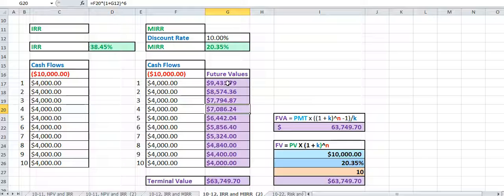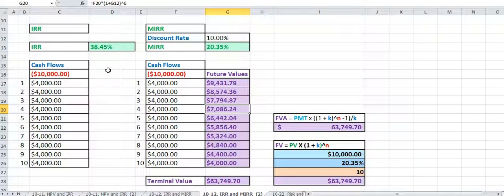That's what I'm doing, and I did this manually so you can see. So as our money grows, it's being reinvested at the 10% discount rate, as opposed to over here at the 38.5% internal rate of return.